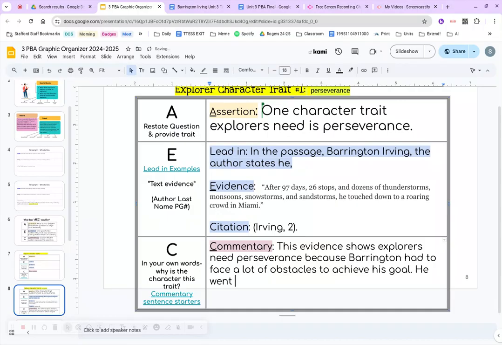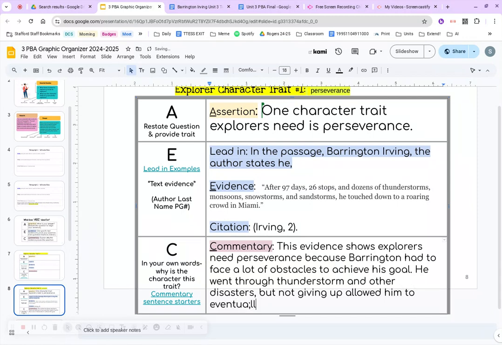He went through thunderstorms and other disasters, but not giving up allowed him to eventually succeed.